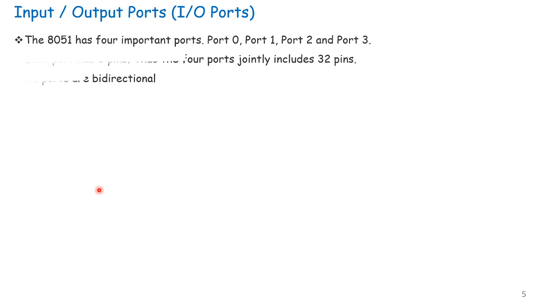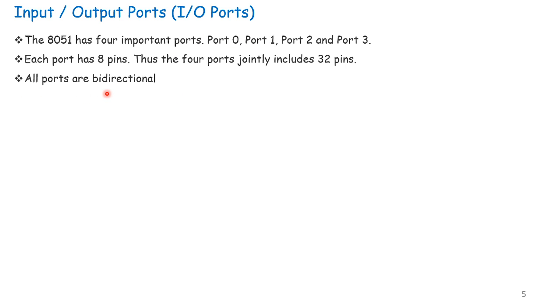Input output port, IO port. The 8051 microcontroller has 4 important ports: port 0, port 1, port 2 and port 3. So these are the ports in the 8051 microcontroller. Each port has 8 pins, and thus the 4 ports jointly include 32 pins. So in total there are 40 pins, and 32 pins are reserved for input output ports.